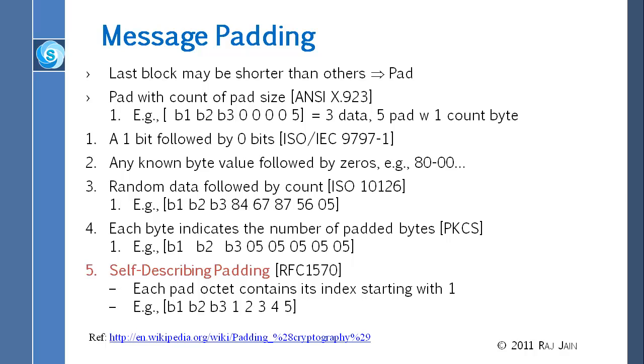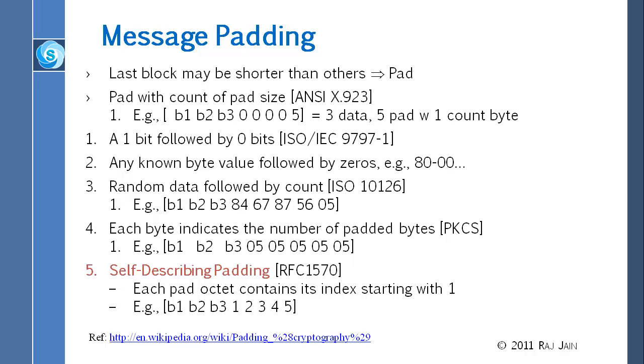Another one is byte oriented, you just put 0x80, which is actually a 1 in the beginning and then all zeros. Some places they say just put random numbers. Another one says you put the count every time, 05 05 05 05. Another one says write the index numbers 1, 2, 3, 4, 5.